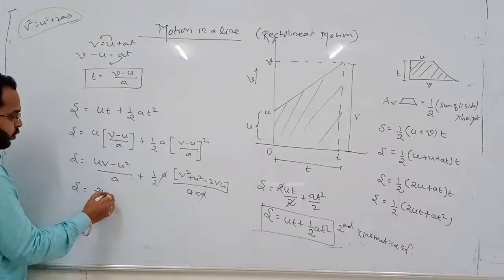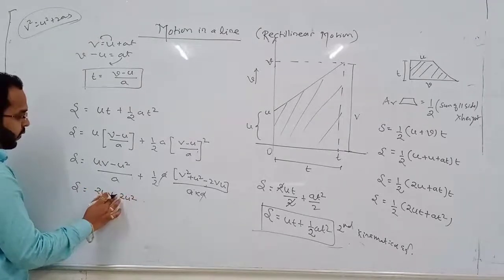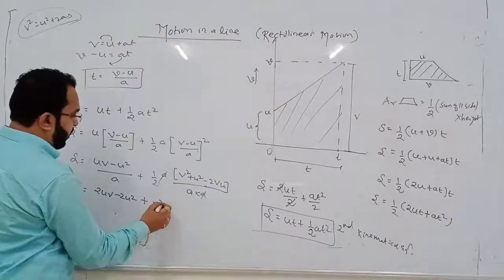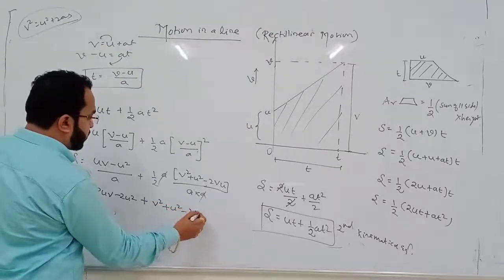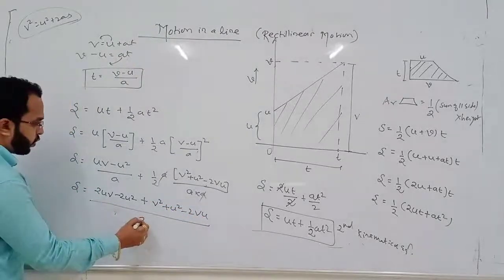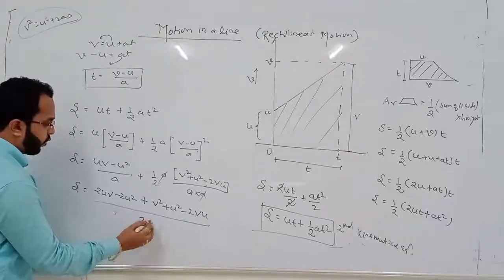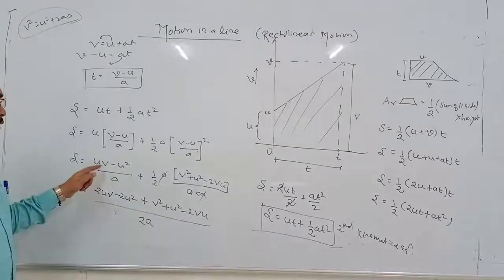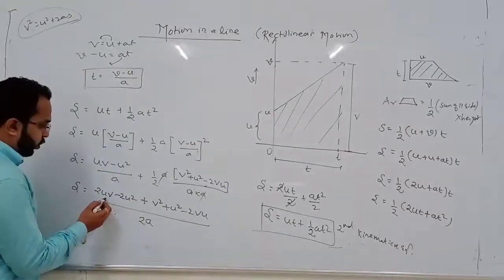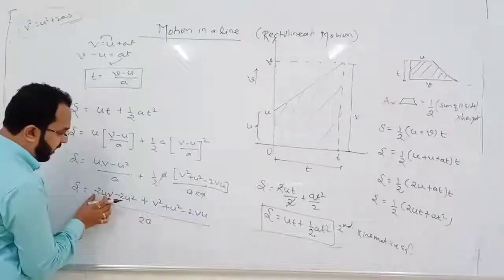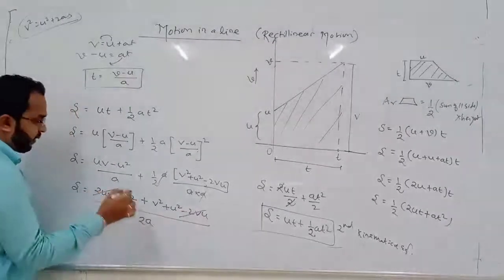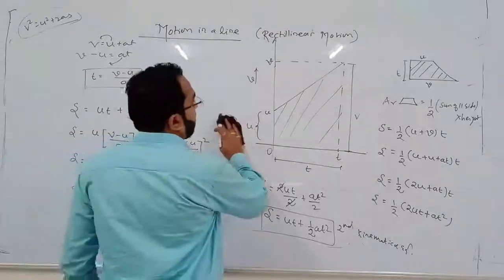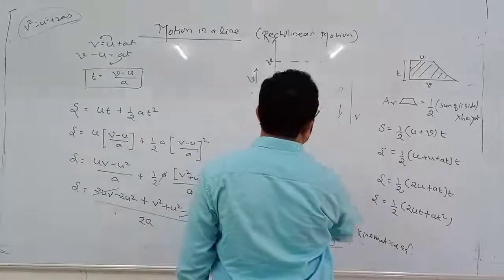So it will be 2uv minus 2u square plus v square plus u square minus 2vu upon 2a. कॉमन डिनॉमिनेटर इथं a होता, इथं 2a होता, मी इथं आणि इथं 2 मल्टिप्लाय केलं. Okay, now हे सर्व लिहून घ्या.